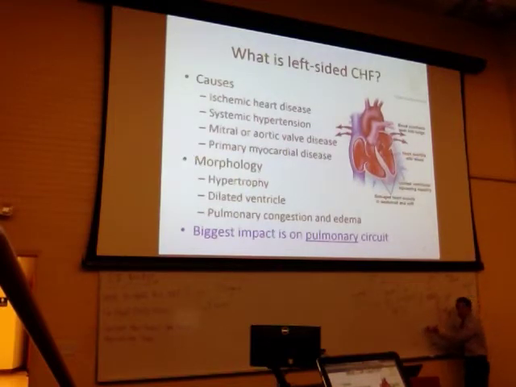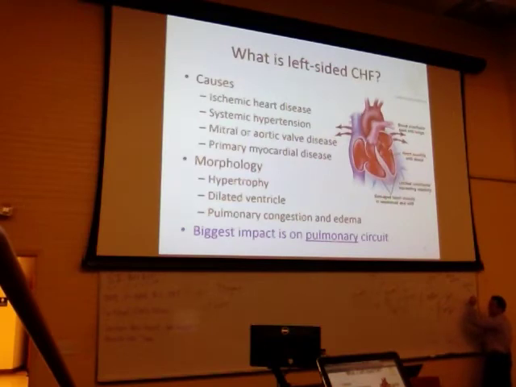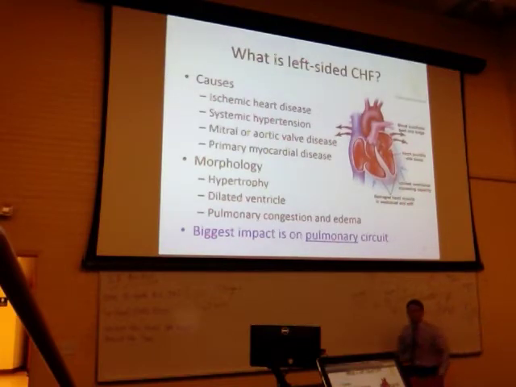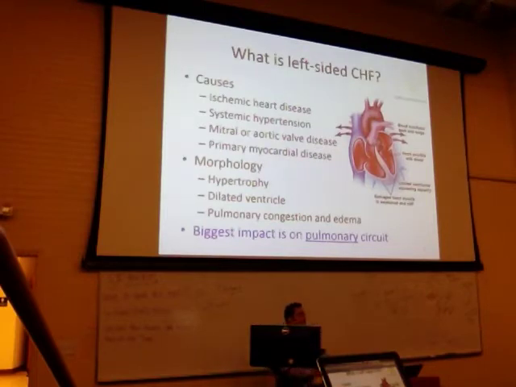You have fluid that's sitting in here that was supposed to be ejected out that's now leaking back. So over time, a bad mitral valve or a bad aortic valve could lead to left-sided failure. Or you could have primary myocardial disease, like a genetic type of disorder, where the myocardium itself is affected.